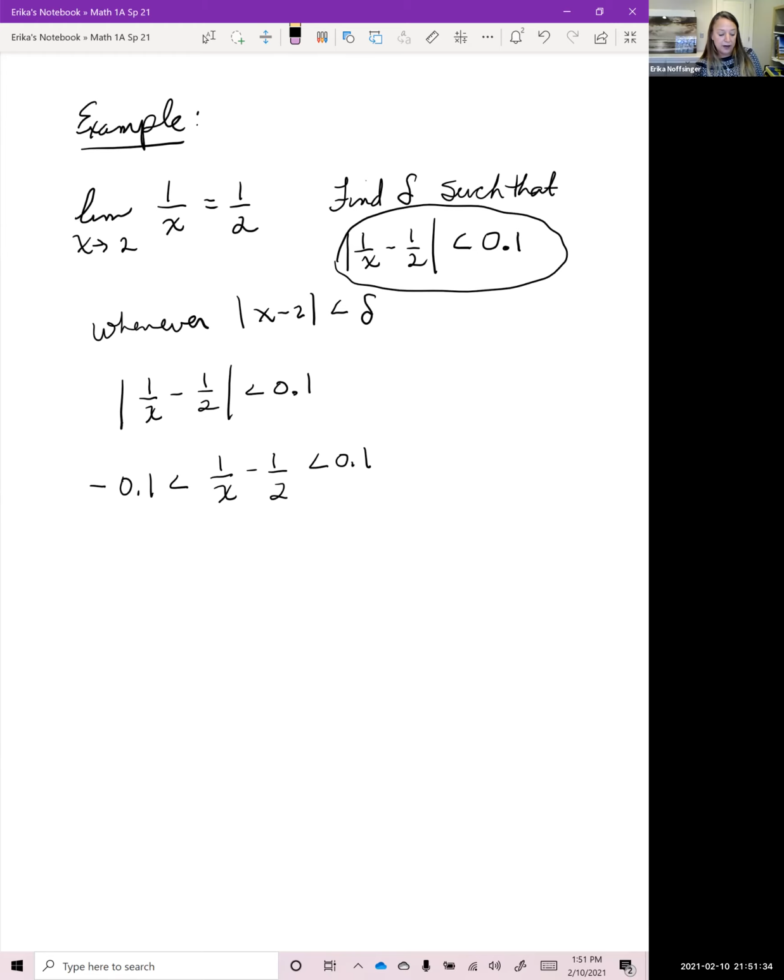Let's now get rid of the 1/2 inside, bounded by those inequalities. And so let's add 1/2 to both sides. I'm going to treat it as 0.5 on all sides. And so if we do that, negative 0.1 plus 0.5, that's 0.4, is less than 1 over x, which is less than 0.1 plus 0.5 is 0.6.